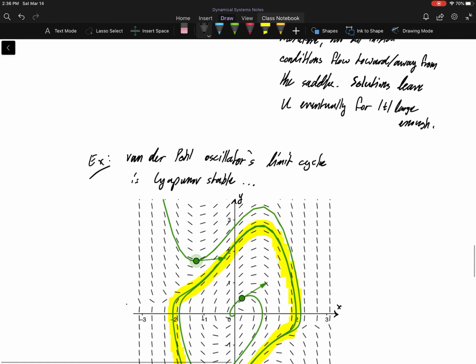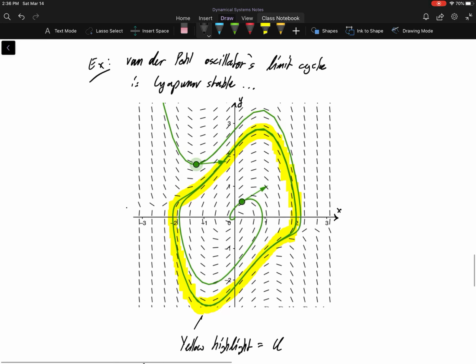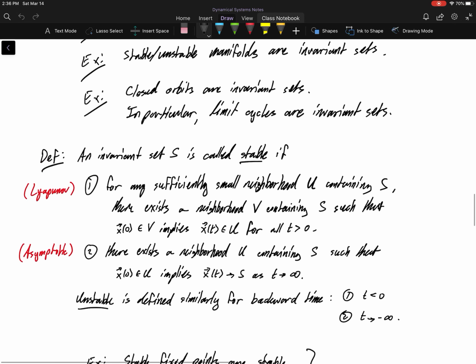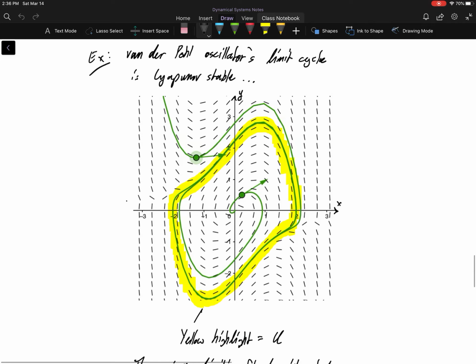Now, as for Lyapunov stable, this is why it looked familiar, right? This is why my drawing looked familiar to me. It's because I've already done it. So the yellow highlighted region, let's say that was the U set, right? In this definition, we have a U set and we have a V set. So for any sufficiently small neighborhood U containing S, this yellow highlight, there is a neighborhood V containing S, where all my initial conditions are coming from.